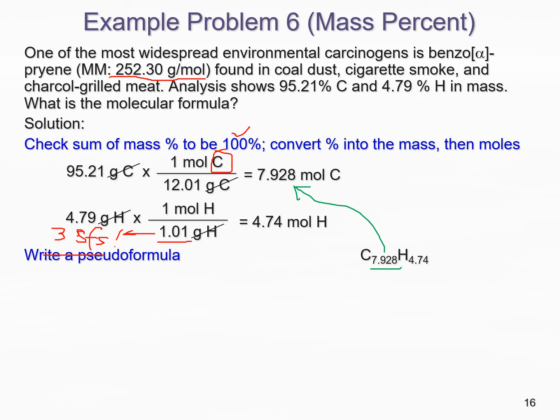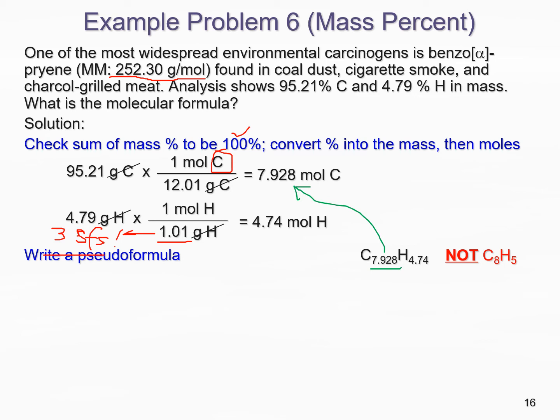We understand that this is not going to be a formula, because a formula cannot have fractions. That's what we call a pseudo formula. And we cannot round, because the subscripts are not fit for rounding. Remember, we have to carry out the steps.